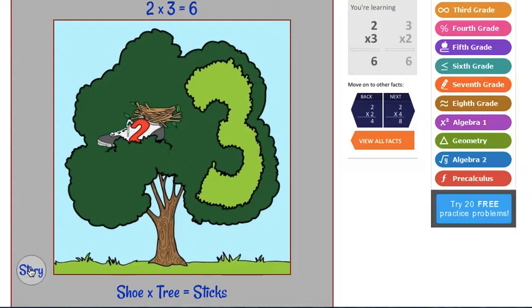They tied the shoe to one of the branches. The shoe, 2, in the tree, 3, made a wonderful nest of sticks, 6. This picture of the shoe in the tree filled with sticks will help you remember that 2 shoe times 3 tree equals 6 sticks.